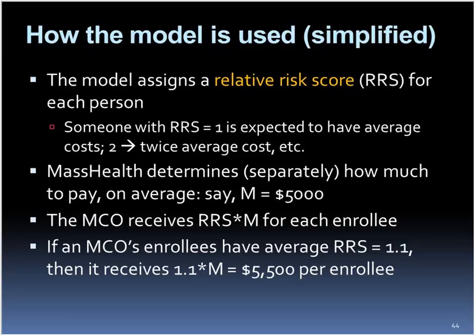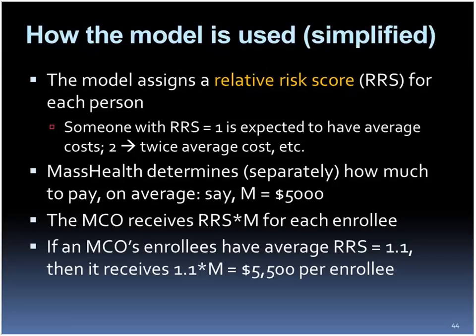We take that as a given, and that's why I've emphasized this relative risk score. What we're doing is moving money around within the program. So if we give a relative risk score of 1 and the mean payment for everybody in the state for a year of participation is $5,000, then we're saying the state will transfer $5,000. This is simplified, but basically that's what goes on.